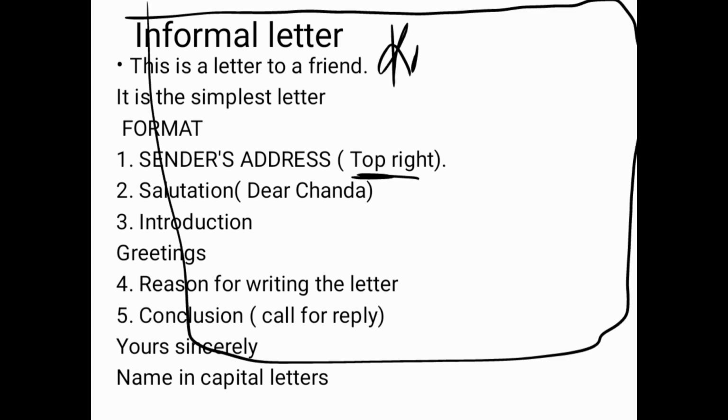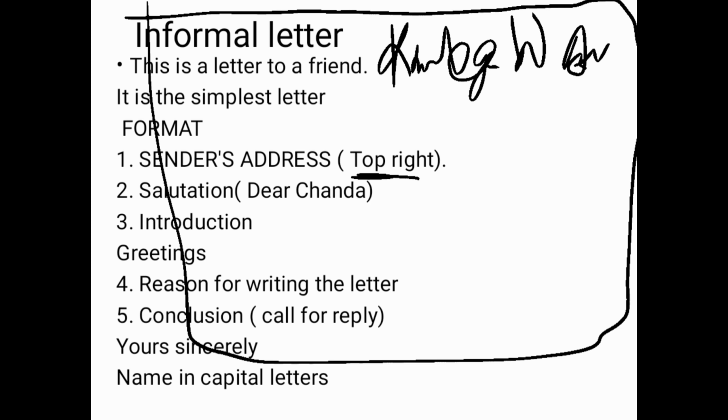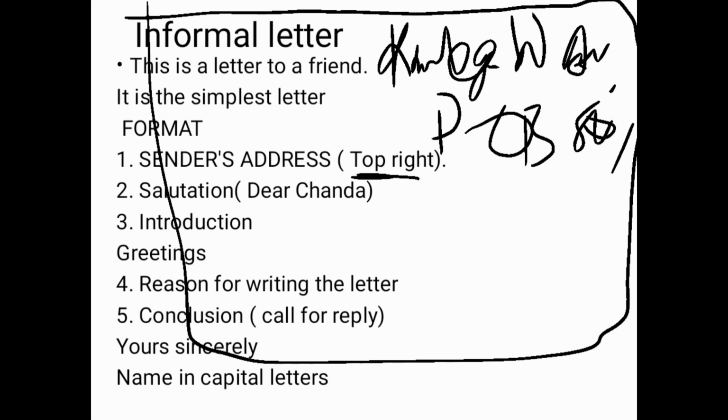You write Knowledge World Academy, and after you write that, you should write a comma. Then you write the P.O. box, the post office box. You write the numbers, you write a comma. After that, you write the district. After the district, you must put a full stop.